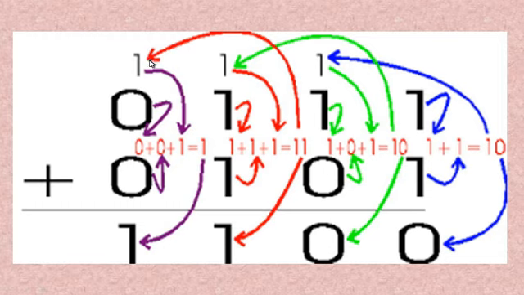So this 1 is taken as a carry in. Therefore 0 plus 0 plus 1 is equal to 1. Okay. So this final answer will be 1. So 1100. This is the result of 4-bit addition.